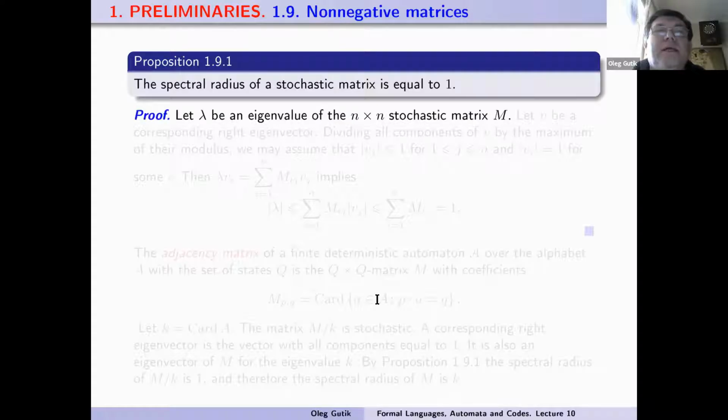The proof. Let lambda be an eigenvalue of the n times n stochastic matrix M. Let V be a corresponding right eigenvector.